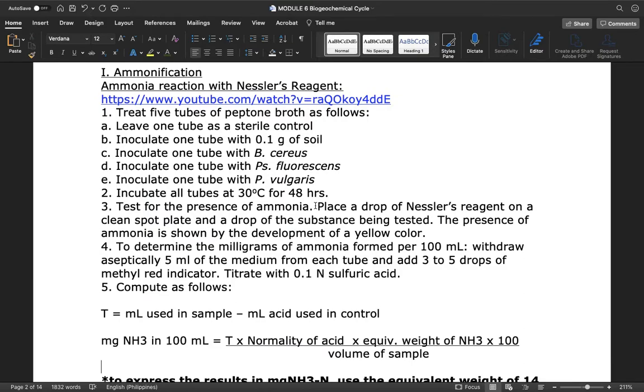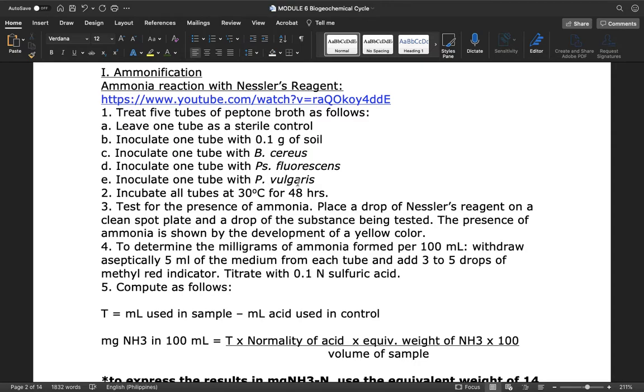So in our demonstration, in our experiment, we used peptone broth as our substrate. That's the source of our organic nitrogen. And then we used different setups: a setup containing soil, a setup containing Bacillus cereus, a setup containing Pseudomonas fluorescens, and another setup that used Proteus vulgaris.